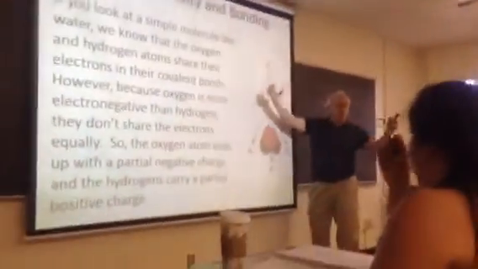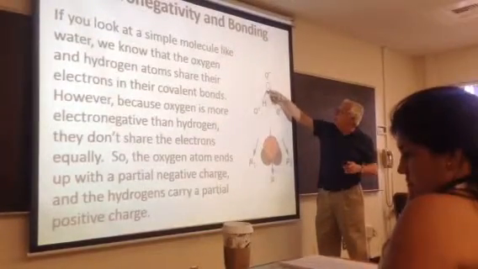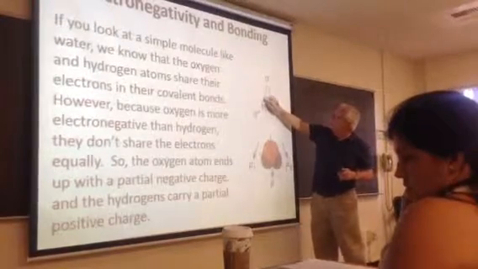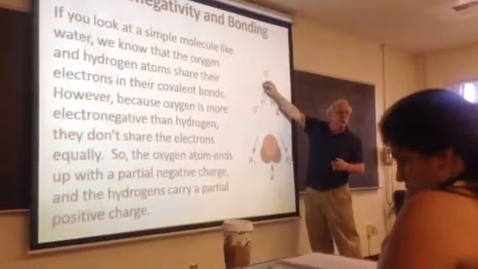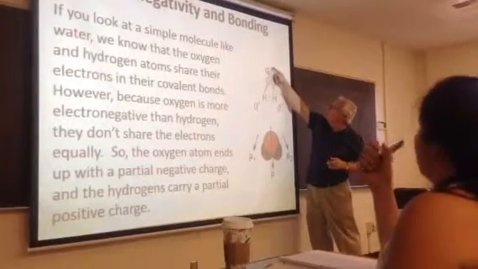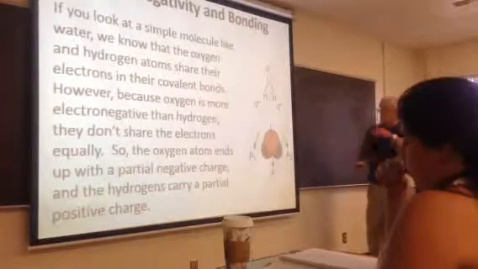It wants to hog electron density. So while formally there's a pair of electrons in this single bond, most of the time it's residing much closer to the oxygen than the hydrogen. So we talk about the oxygen having a partial negative charge and the hydrogen partial positive.